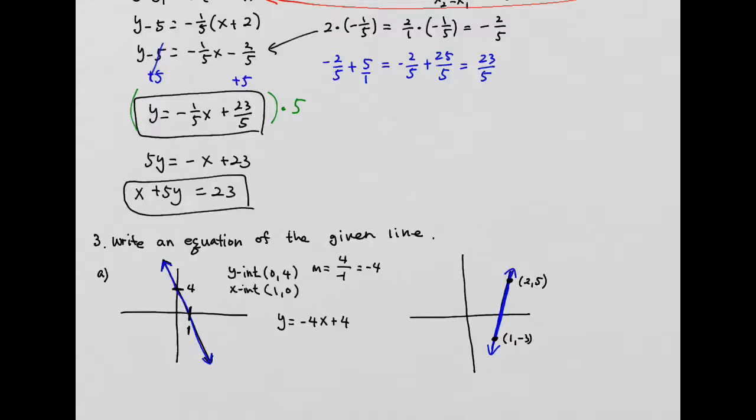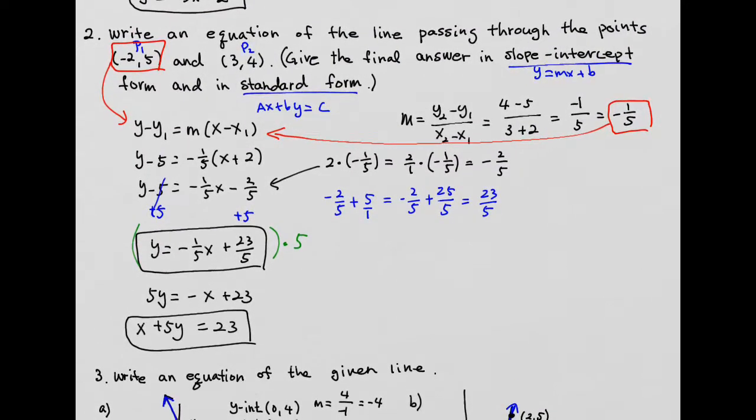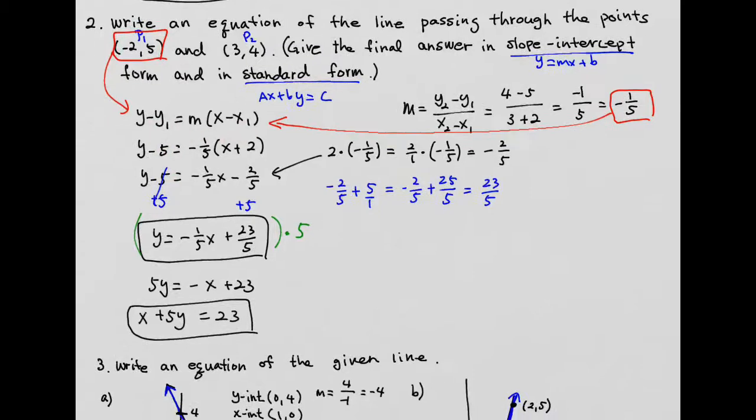But if that's not the case, like B, let's say this is going to be B. If that's not the case, we only have 2 points given like this, no x-intercept, no y-intercept. Then what you need to do is repeat example 2, right? You need to use the slope formula to find the slope with those 2 points. You only need 1 more point to plug into point slope form, right?